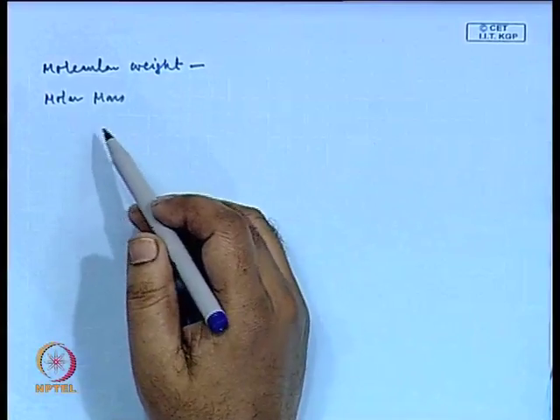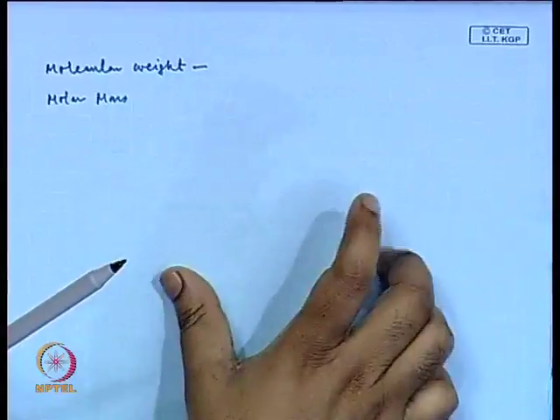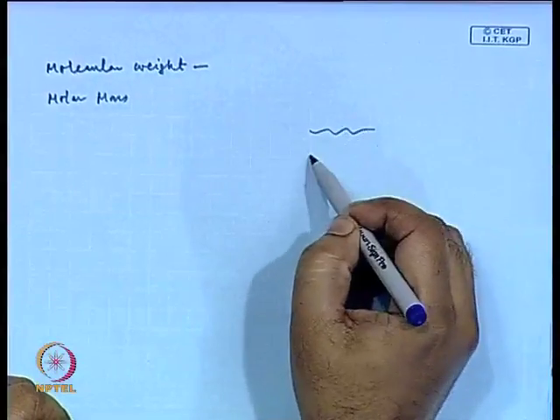Now, as I said at the very beginning, when you make polymer molecules, polymer samples always come with a distribution of molecular weight. Not all the chains are of the same size.